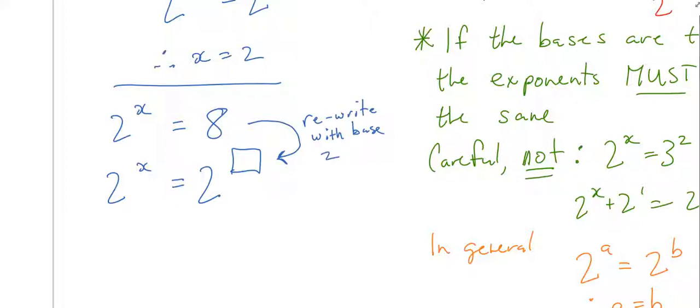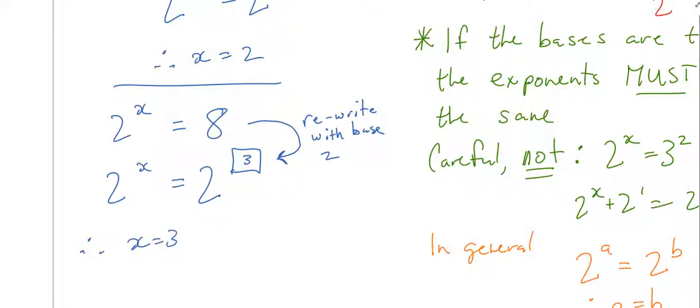Because the left side has a base of 2. If the left side had a different base, I'd choose that. I have to rewrite 8 with a base of 2. If I didn't know it was 3, I'd have to just guess and check. So I put a 3 in there. And then the next step is, therefore, x equals 3.